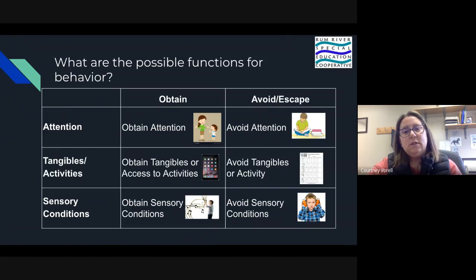And maybe that student's tolerance for that loud noise is lowered that day because of those other conditions that were happening going into that day. And so we might see that student try to avoid or escape that sound. Likewise, the same with obtaining sensory conditions. Sometimes we have students who, if they're stressed, are trying to get those things to chew or move their body. And so we have some other things going on, and now they're trying to access this to soothe themselves.